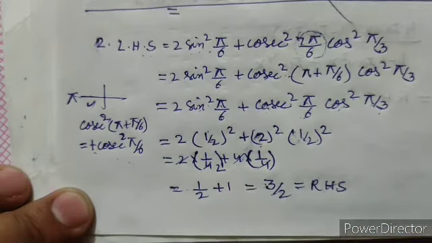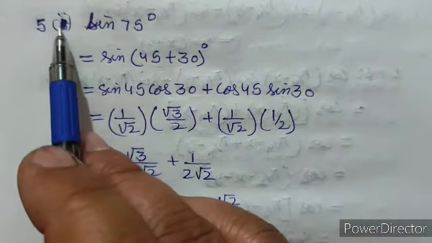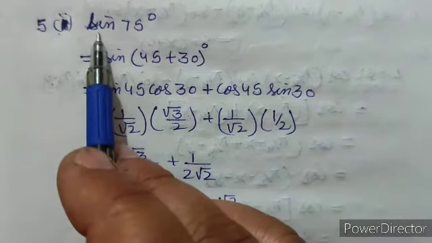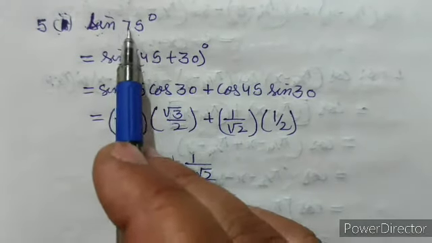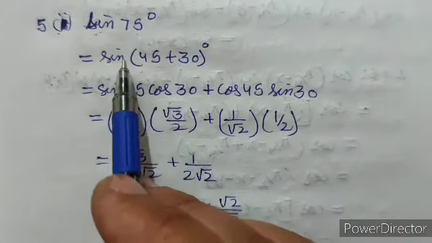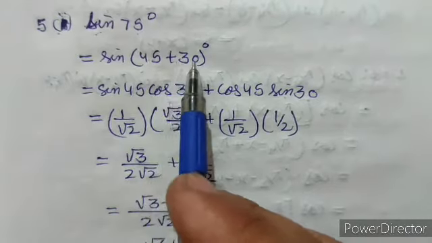Now in first part of question number 5, we have to find the value of sin 75. Now sin 75 can be written as sin 45 plus 30.